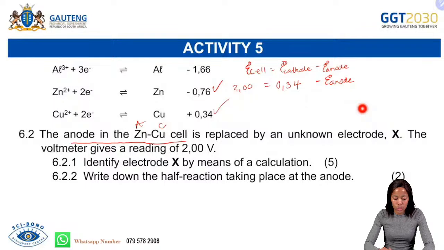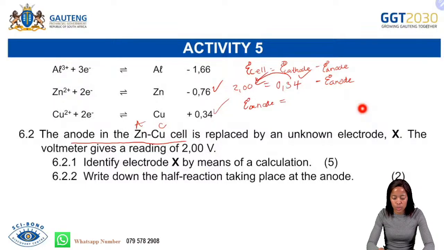So what are we going to do? We're given the reading, so we substitute the value of the cathode as well. We are calculating the unknown X, which is the anode. If we say 2 minus 0.34, it will give us a positive 1.66.